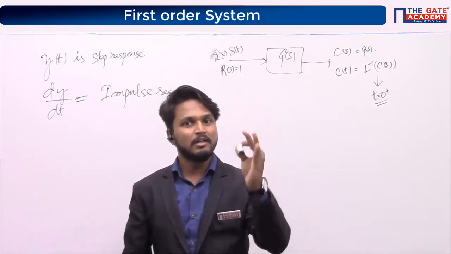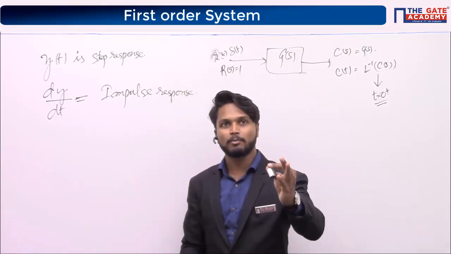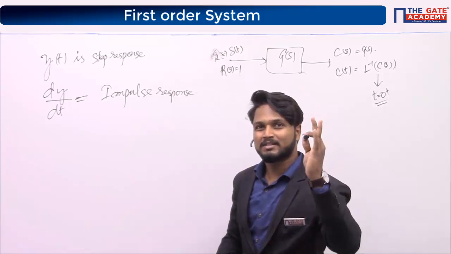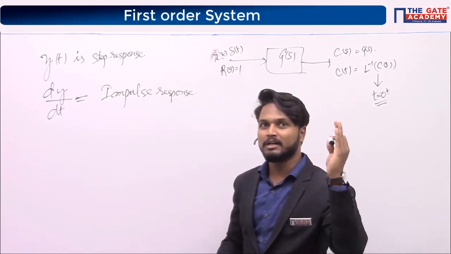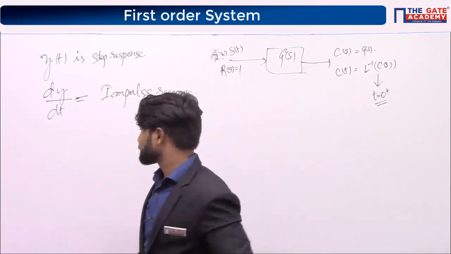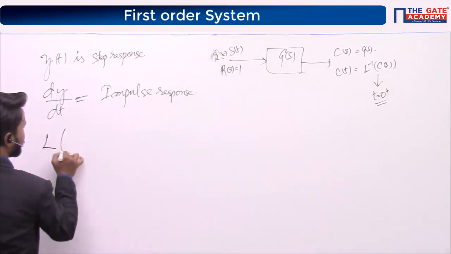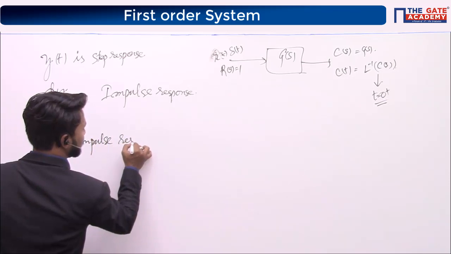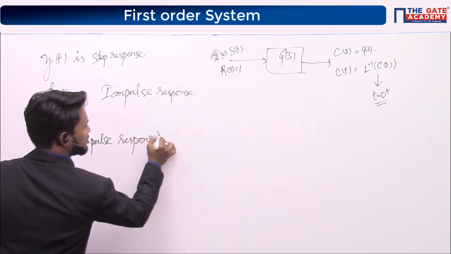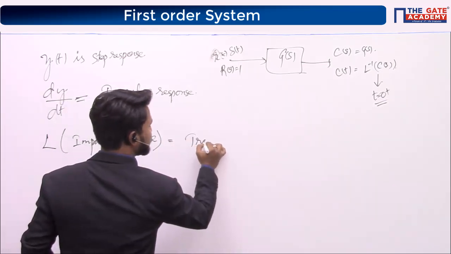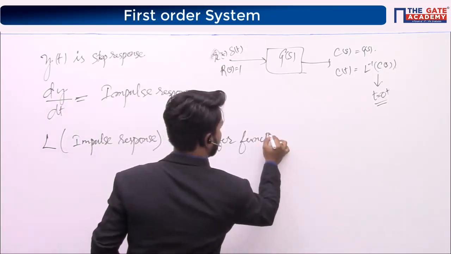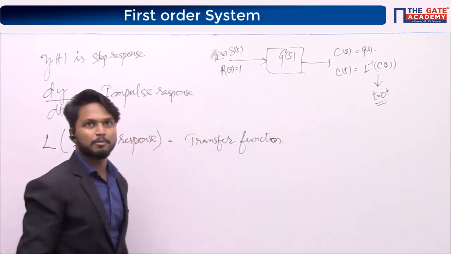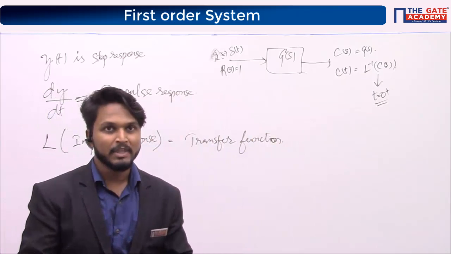But you have a much simpler form. See, the Laplace transform of impulse response is nothing but your transfer function, yes or no? Laplace transform of impulse response is nothing but transfer function, right?